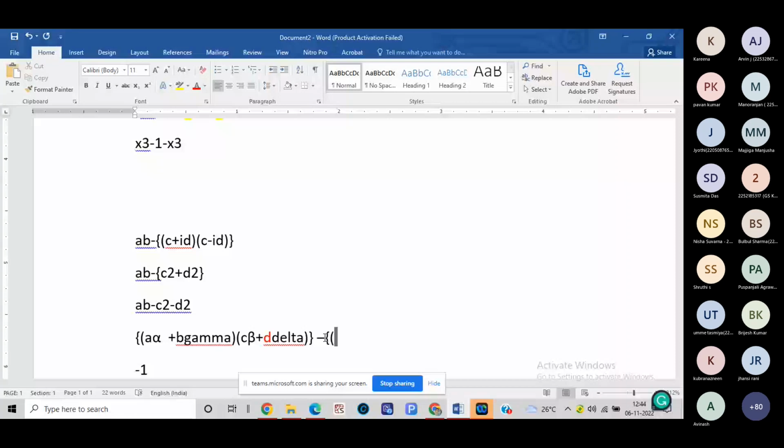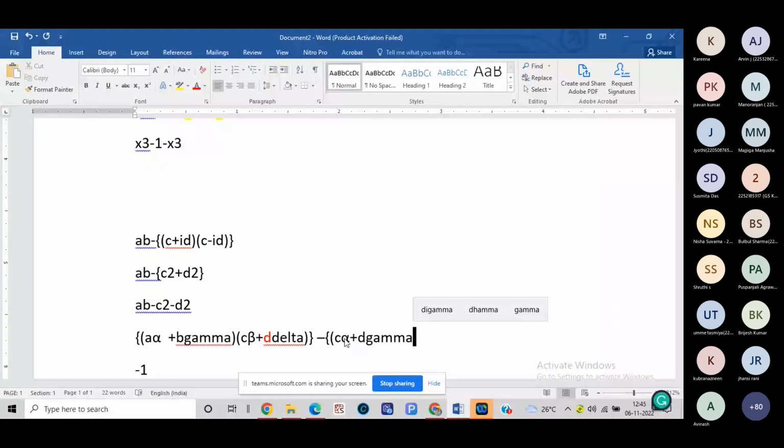If you write these steps, next step you will get it. A alpha plus B gamma.